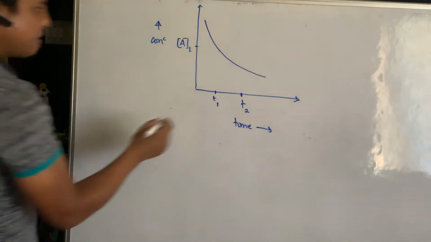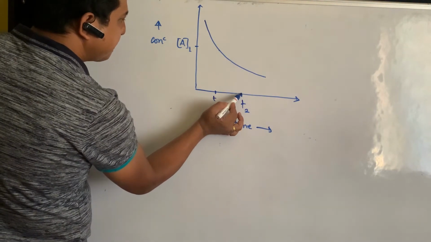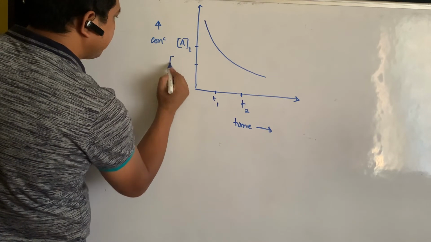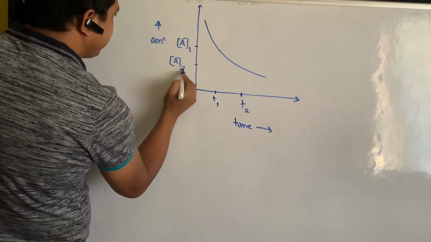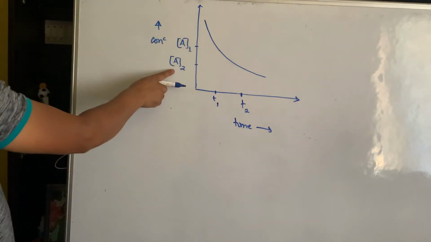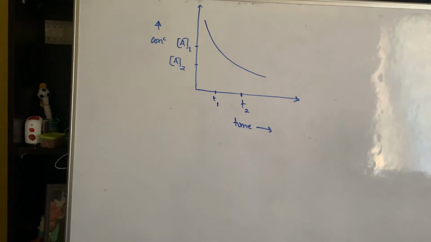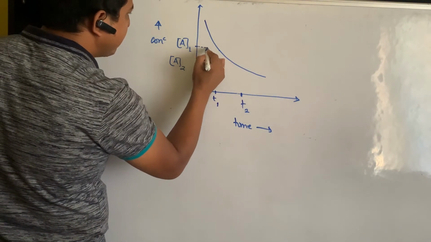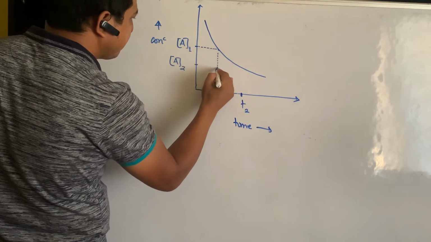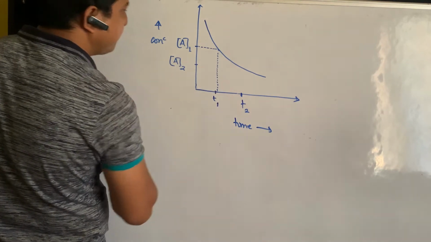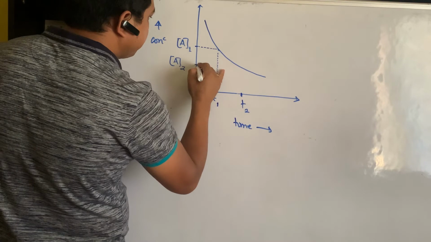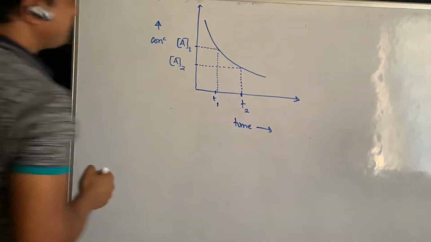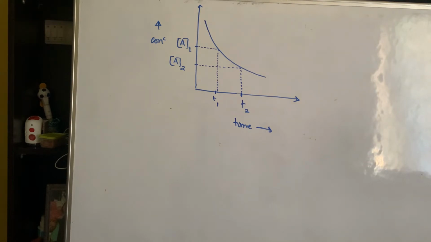What is the concentration of reactant at time t2? We draw a perpendicular, so the concentration will be A2, and it's very evident from the graph that the final concentration is lower than the initial concentration. So at time t1 the concentration is A1, and at time t2 the concentration is A2.